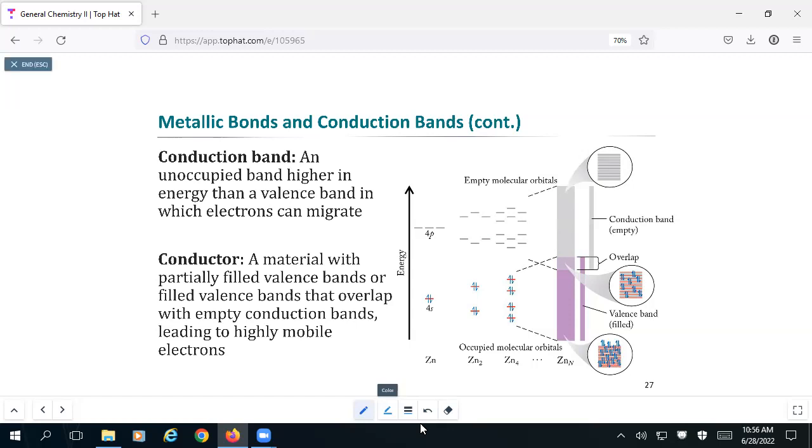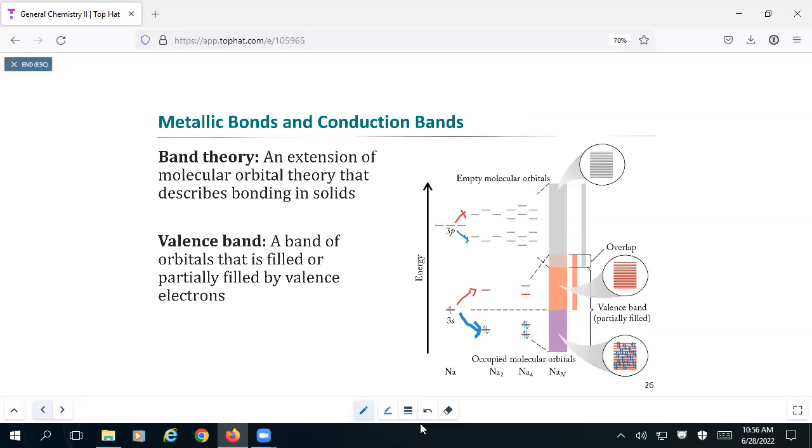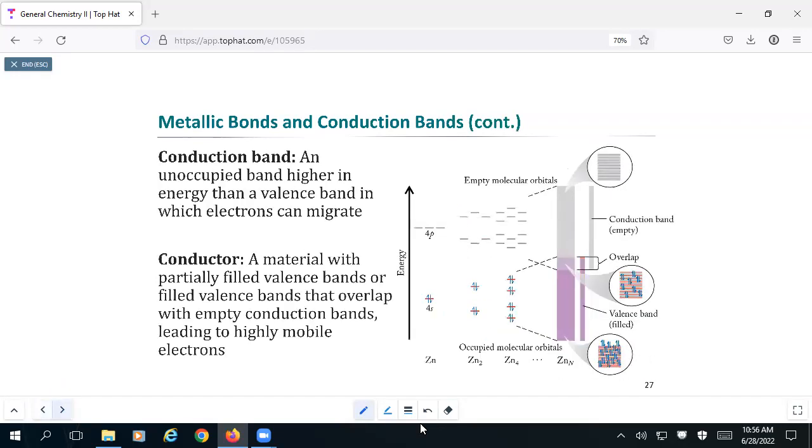So we can simplify the whole thing here. Instead of looking at it as this three-tiered system, where we've got filled, partially filled, and unfilled, we can break it down into filled orbitals and unfilled orbitals. We call that group of unfilled orbitals the conduction band. So we've got the valence band that has all the electrons in it, and we've got the conduction band that doesn't.